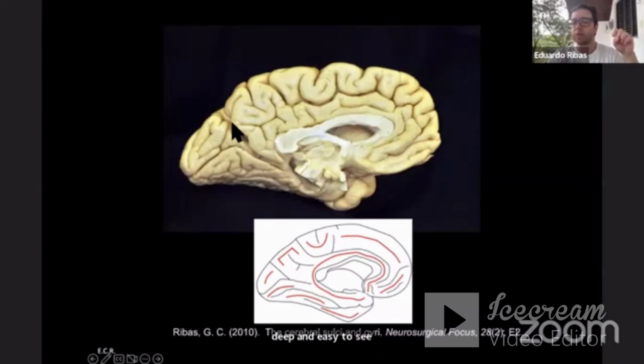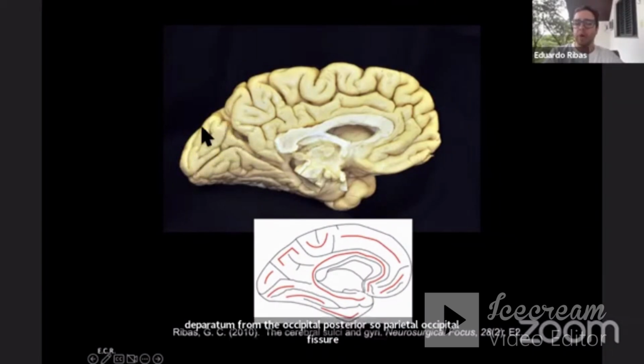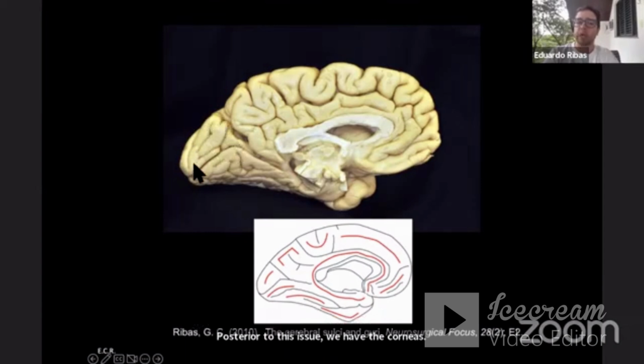It's called the parieto-occipital fissure. It's a good name because it divides the parietal anteriorly from the occipital posteriorly. Posterior to this fissure, we have the cuneus, which has this name because of its triangular appearance.